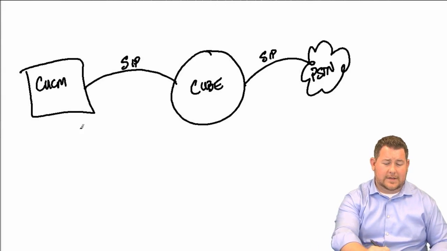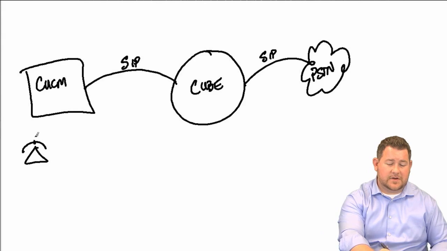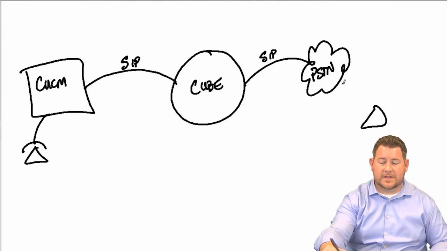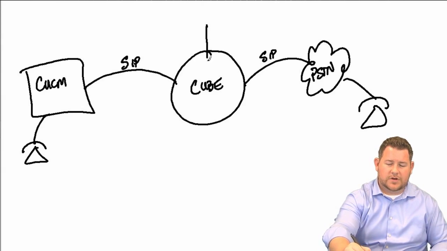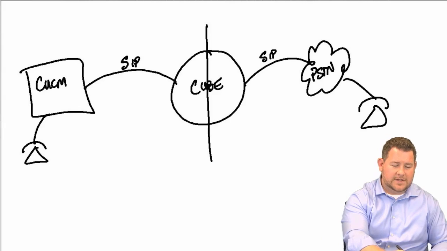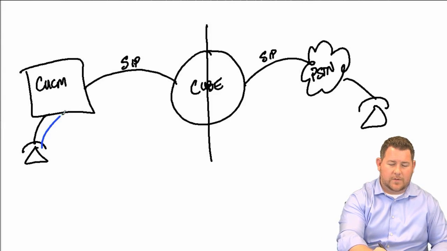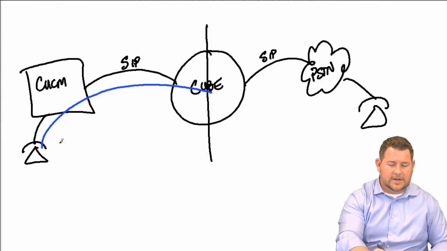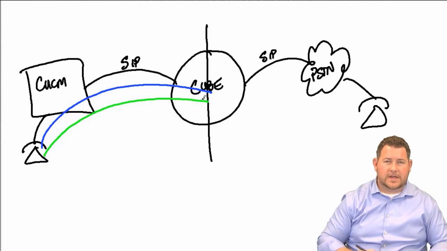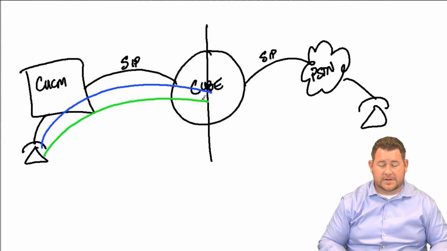So devices on the CUCM server have no idea about these devices on the PSTN. No idea about the IP address at all, unless we're using media flow around. But if we're using media flow through, that means that we're actually going to have that CUBE terminate the signaling and the media. So if we say the signaling from the phone is the blue line, and the media is the green line, that CUBE is actually terminating both of those signals.